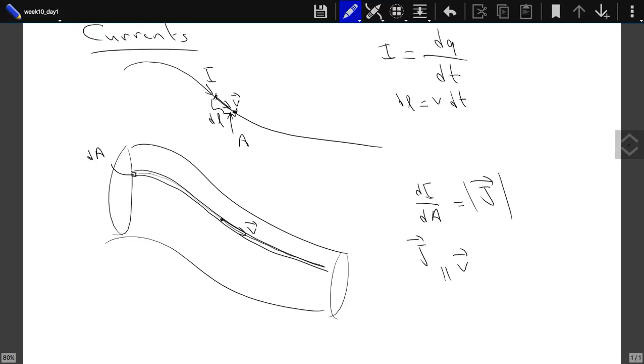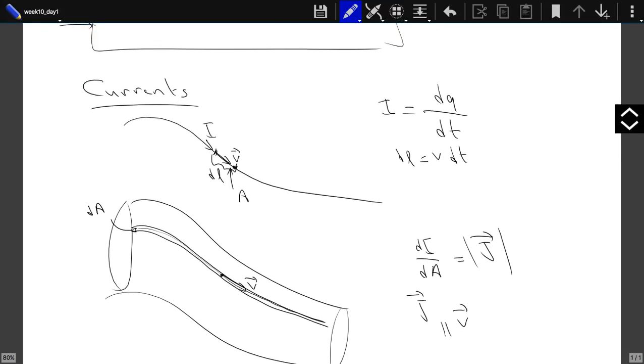So after a time dt, the last charge within this segment passes through this point A. So within that time dt, all the charges within this length pass through A. And the total charge in that length, which we call dq, is nothing but the charge density times dl.